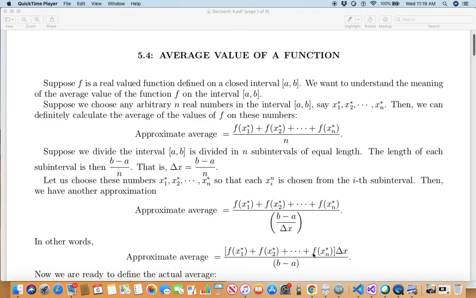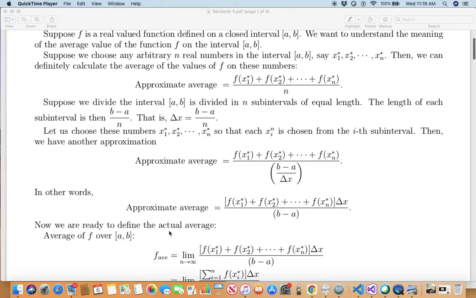So noticing this, we are actually able to define the actual average of f over the closed interval [a, b]. Let's denote it by f average, that is the limit as n approaches infinity of all of this.